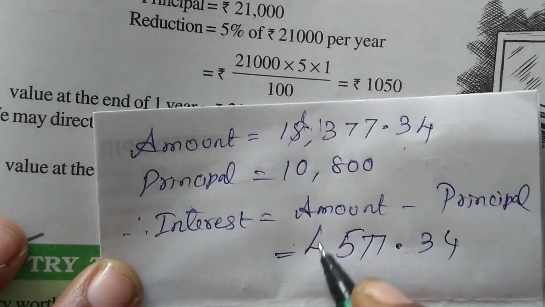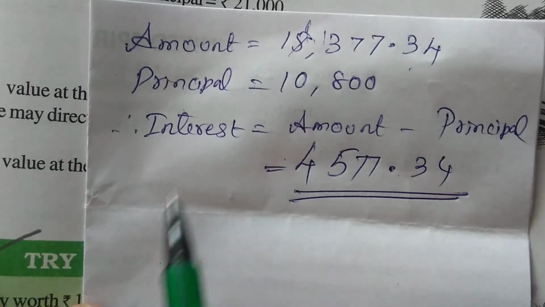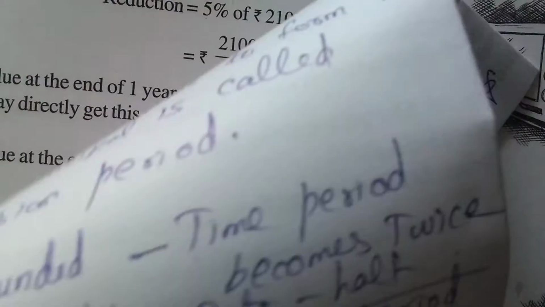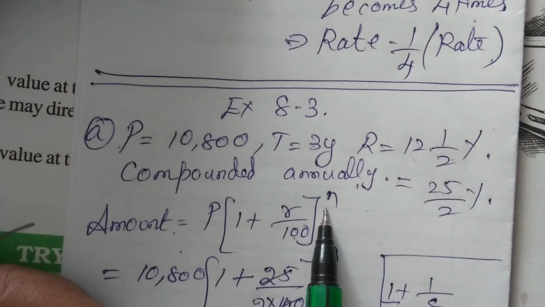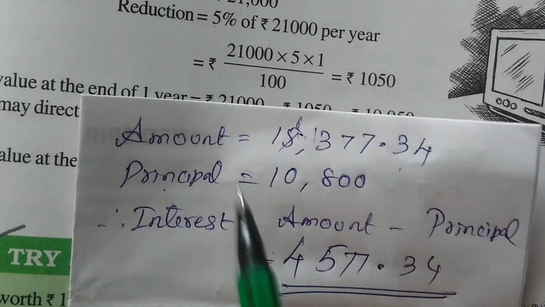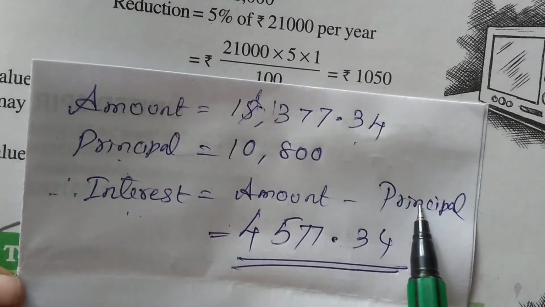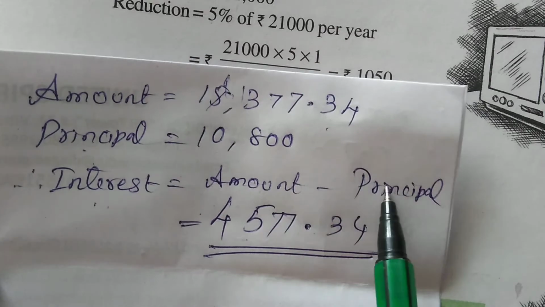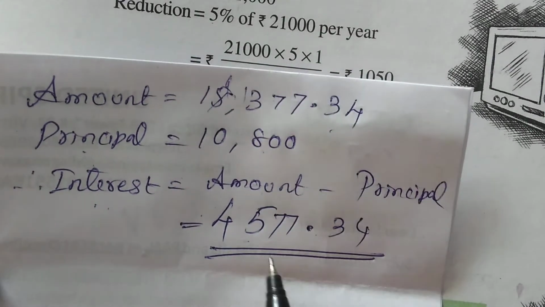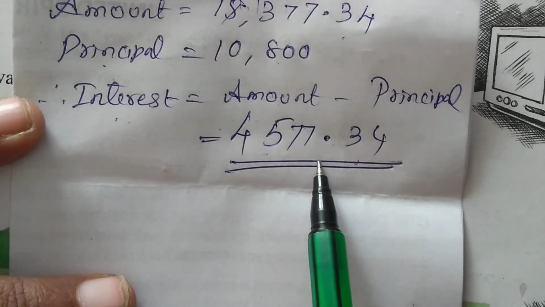So using the formula, amount is equal to P into (1 plus R by 100) to the power of n, we found the amount value. Then we have to find the compound interest. We know compound interest is amount minus principal. So we substitute the amount we found, principal is given in the question, we subtract, and get the value 4,577.34. Now let us do the next sum.